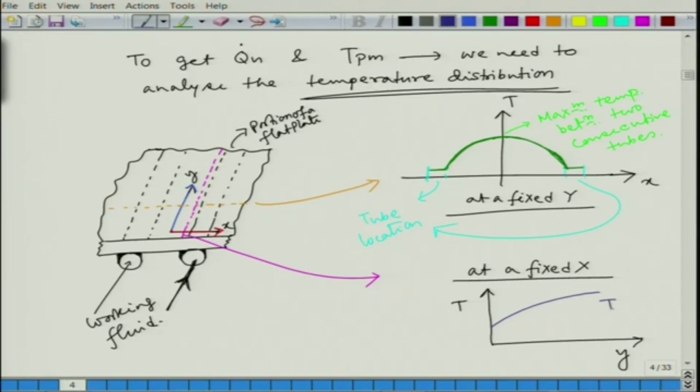That is how, intuitively, we can say the temperature profiles in the x and y directions will look like this.